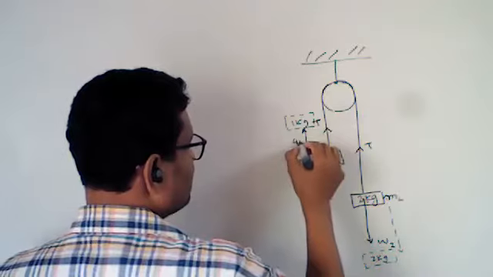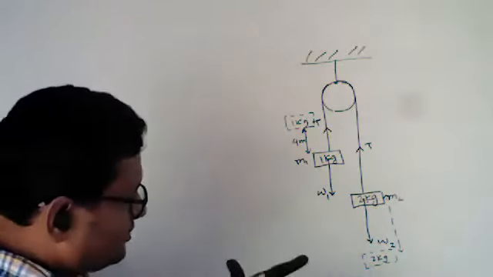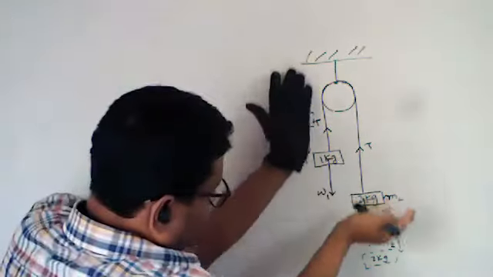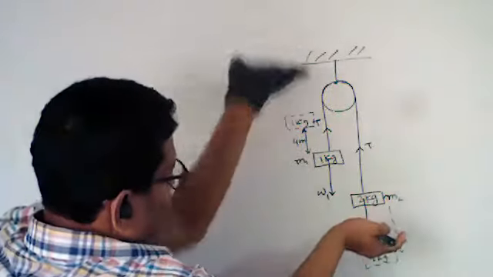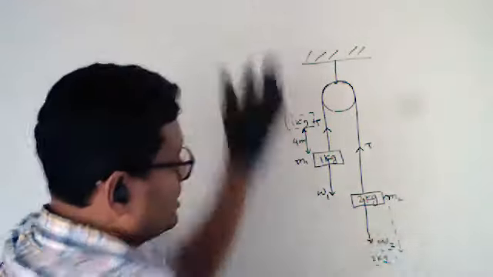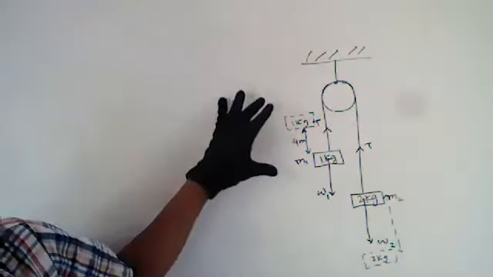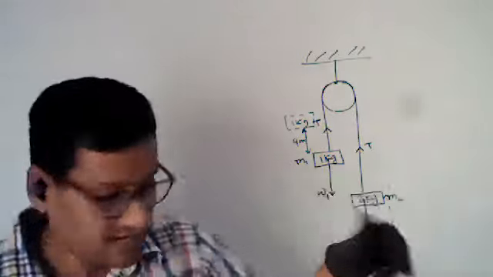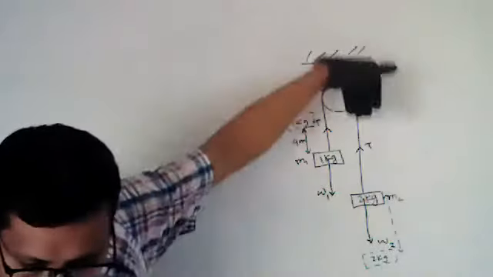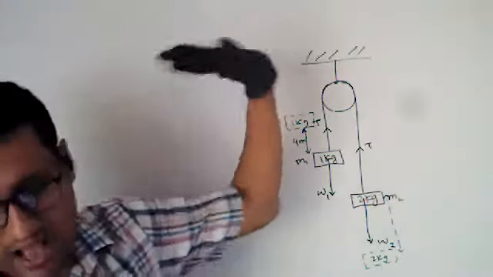One goes downward and the other upward, so the distance traveled by the 2 kg mass and by the 1 kg mass will be the same.